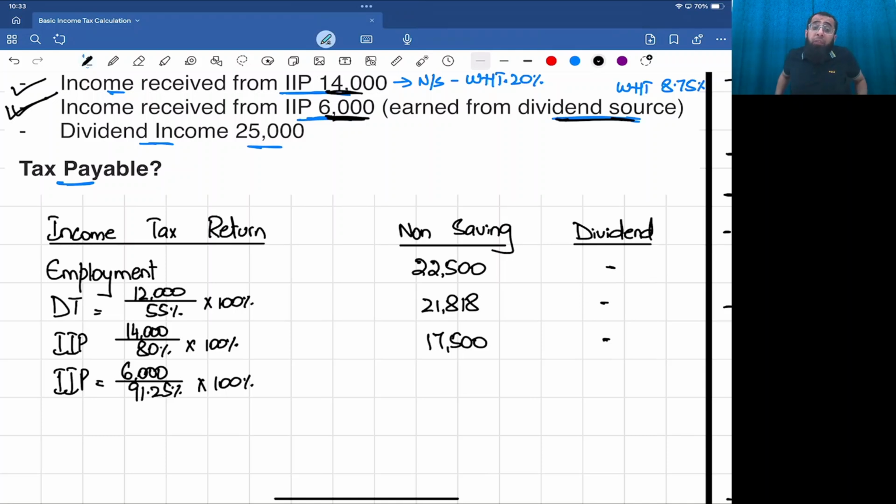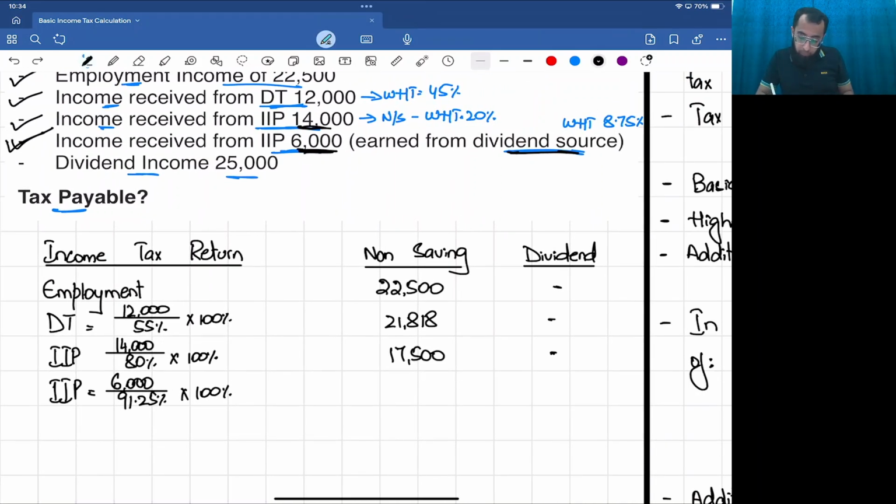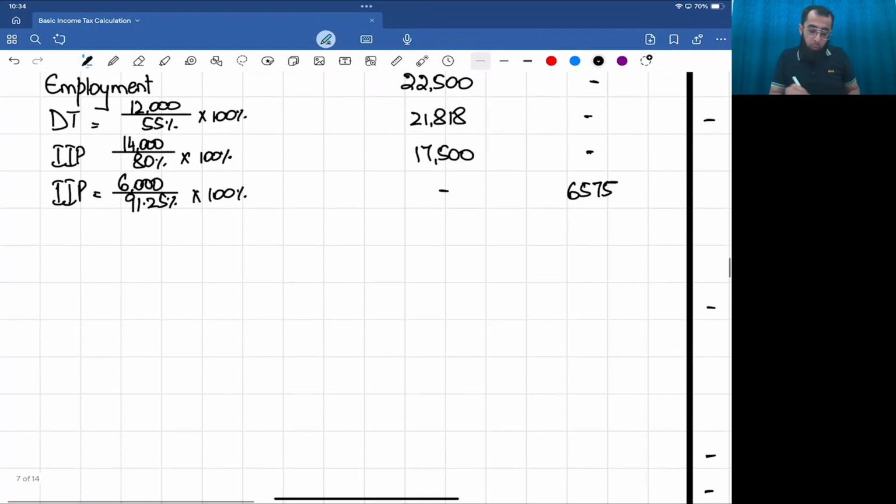If 8.75% has been deducted, think logically, what you get in your hands is 91.25. 6,000 divided by 91.25. So it's 6,575. And obviously goes in the head of dividend. And then there is normal dividend income 25,000, which goes simply in the dividend category.